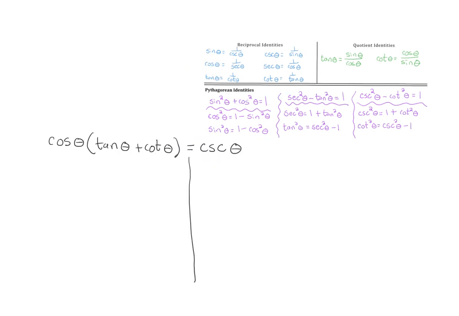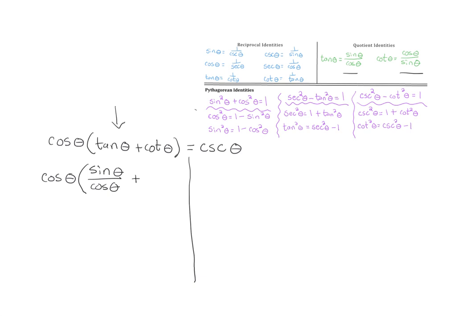Okay, the next one, we have to prove that cosine times tangent plus cotangent equals cosecant. Okay, so nothing is squared right now, so I'm not going to use any of the Pythagorean identities. Let's see, I could rewrite tangent and cotangent like this. So cosine of theta times tangent is sine over cosine.